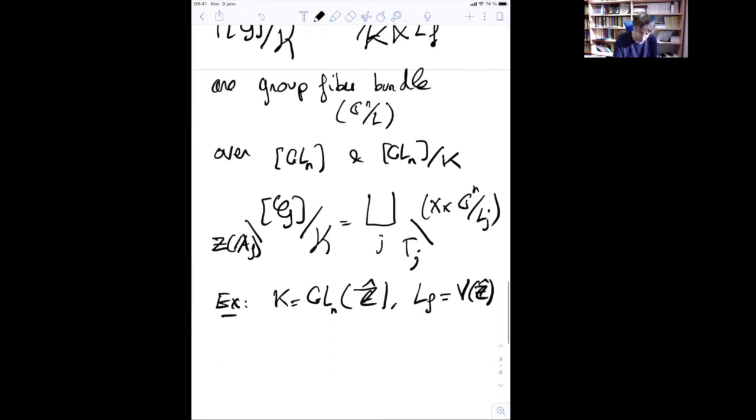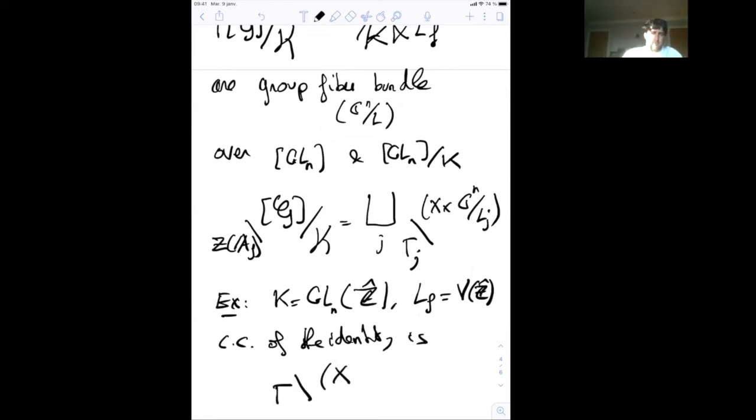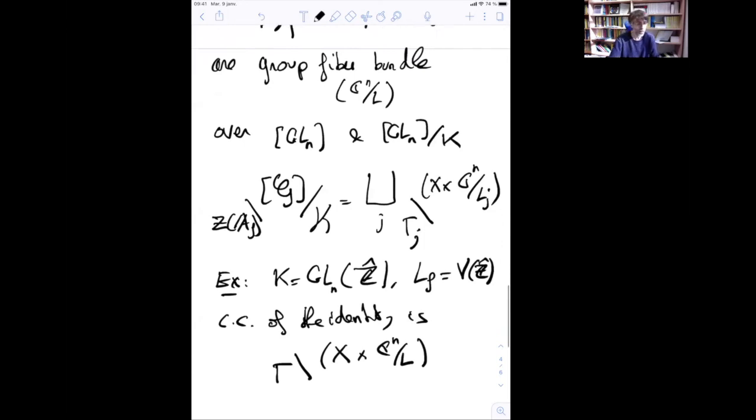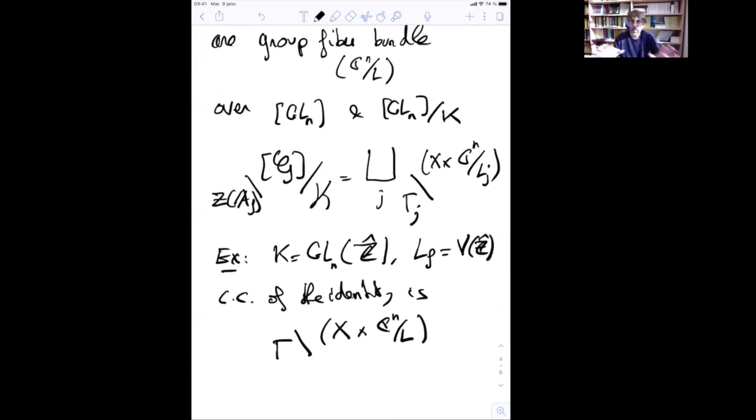Then the connected component of the identity is the quotient of X cross C^n modulo Gamma. So this is really the same object that we were considering before, except that now we distinguish the finite places from what happened at infinity.